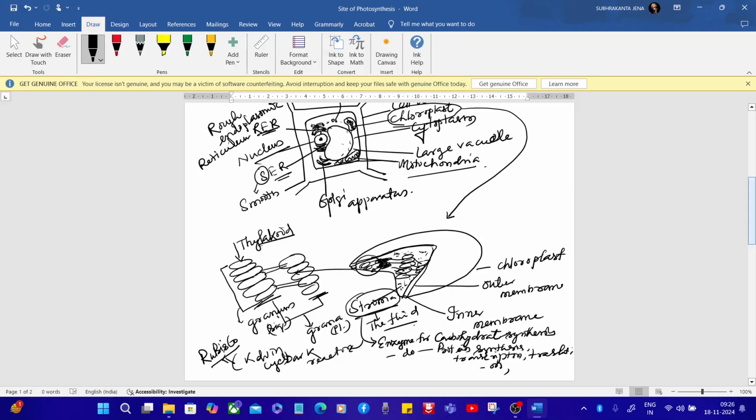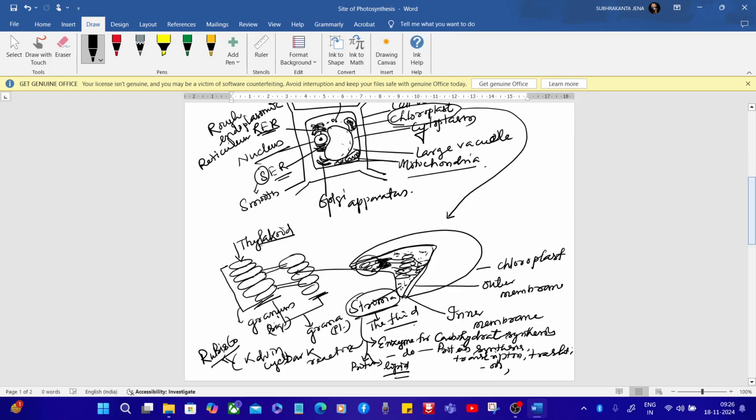The full form, or the IUPAC name, of Rubisco is ribulose 1,5-bisphosphate carboxylase. That is the IUPAC name of this one. So this is the most vital part. Apart from that, it also contains proteins and some lipids.